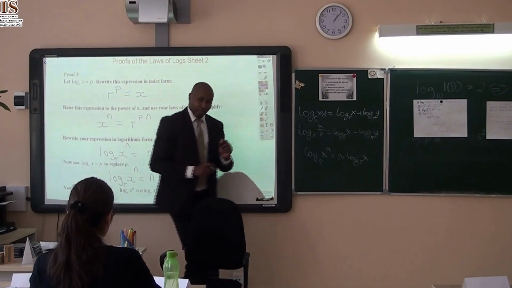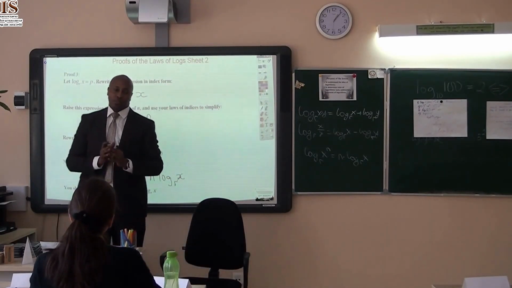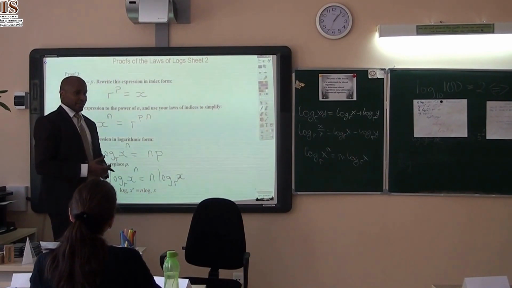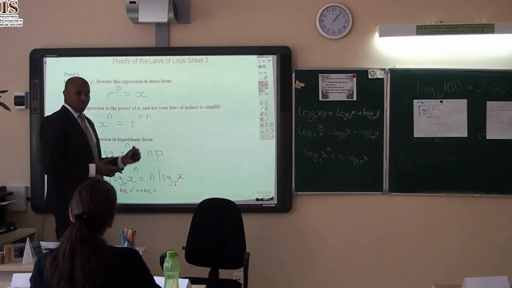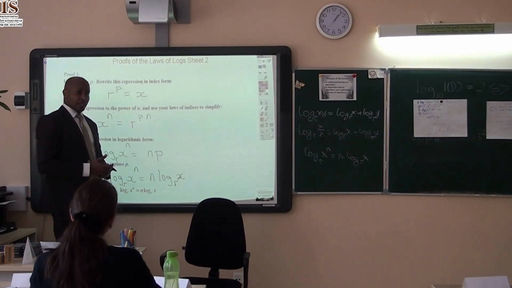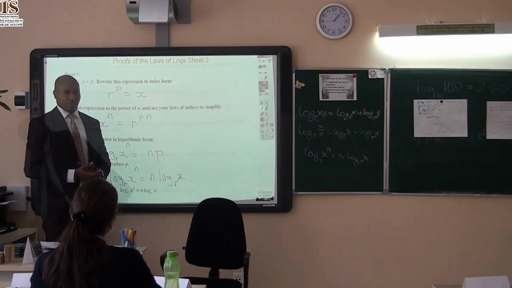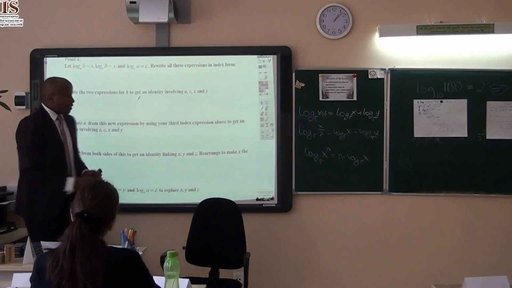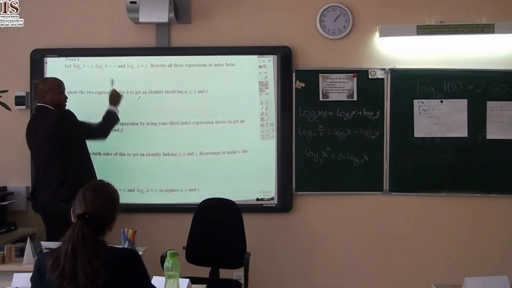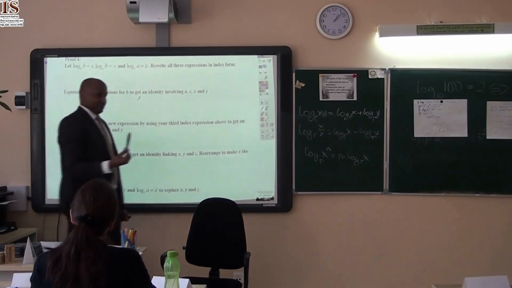Now, there's one important rule that I want us to do together as a class. We are going to use a smartboard, and I want somebody to come in front and write down the solutions with the help of the class. I'd like somebody to come and write all these expressions in index form. A volunteer, please.